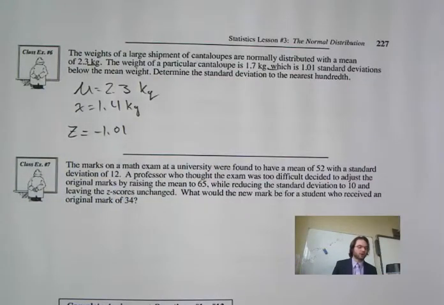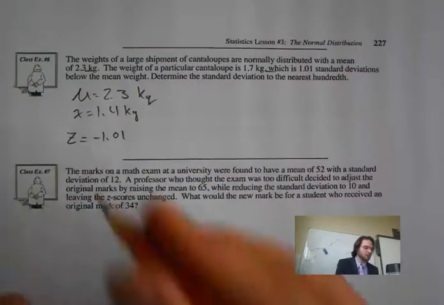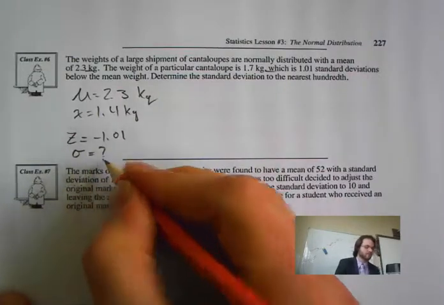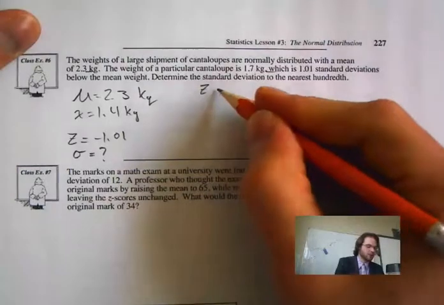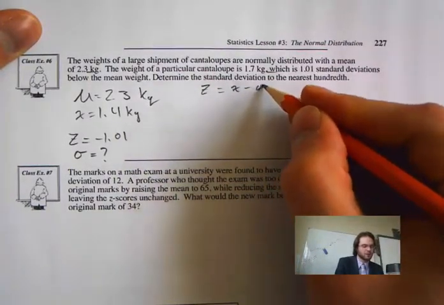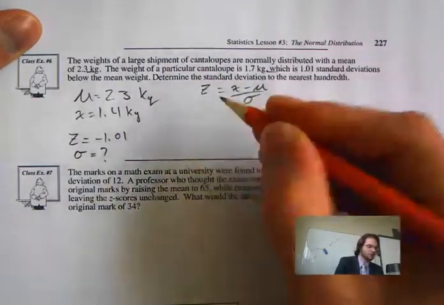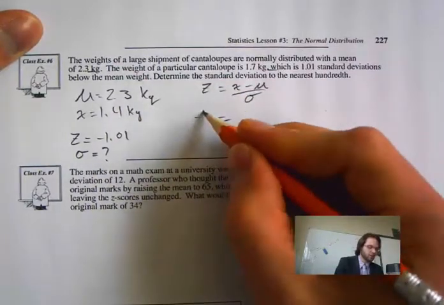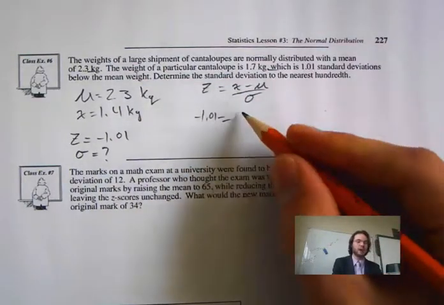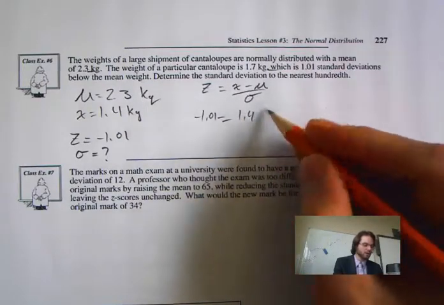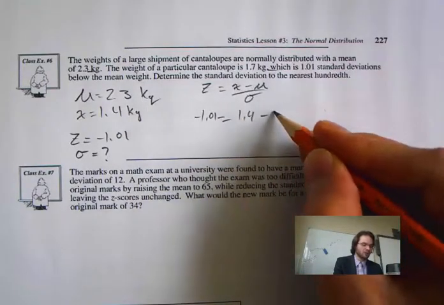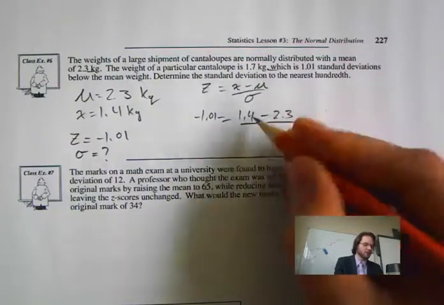So we want to find the standard deviation. Looking at our formula, Z is equal to x minus mu over standard deviation. We know my Z-score is negative 1.01, we know my x is 1.4, my mean is 2.3, and it's all over standard deviation.